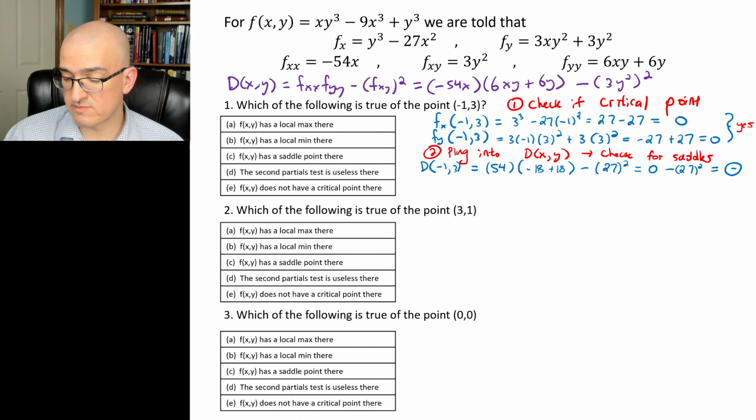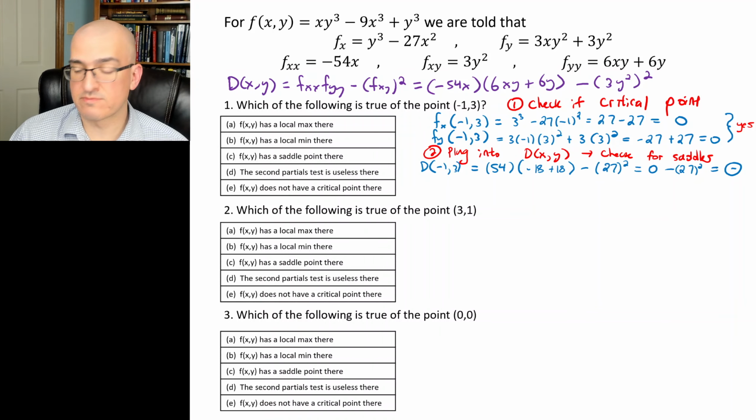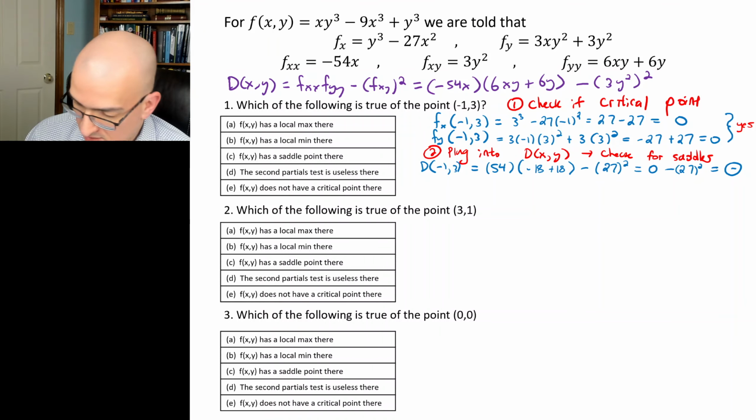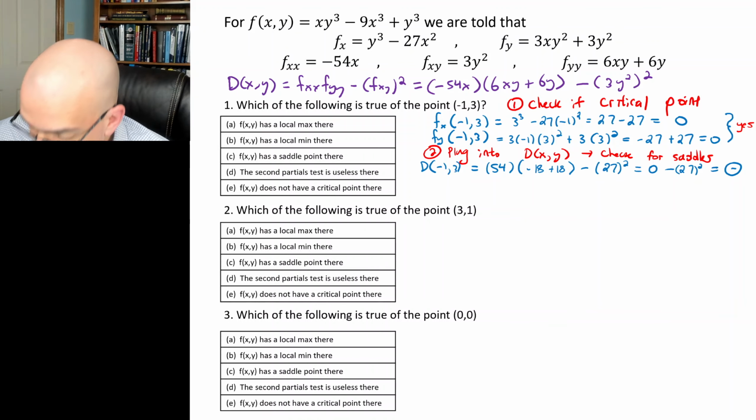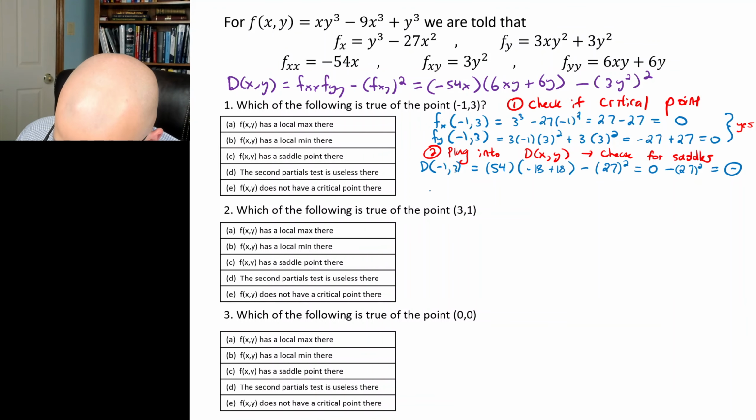The negative of that, so 0 minus that big number is negative. That means it's a saddle. Saddle at -1, comma 3.